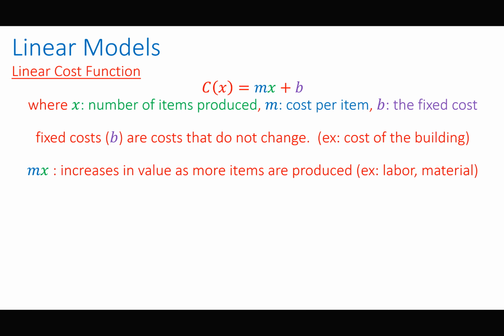And then the M times X, that term will increase in value as more items are produced. Okay, if you think of labor, the cost is going to increase if you're making more and more items. Material costs are going to increase if you're making more and more items. So those will change, but then that B is a fixed cost.